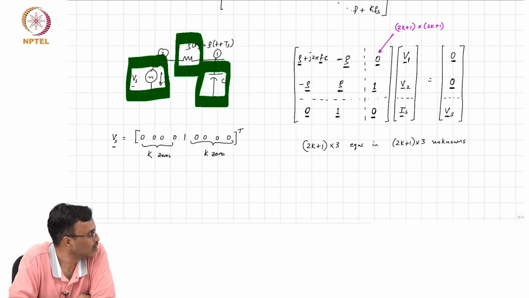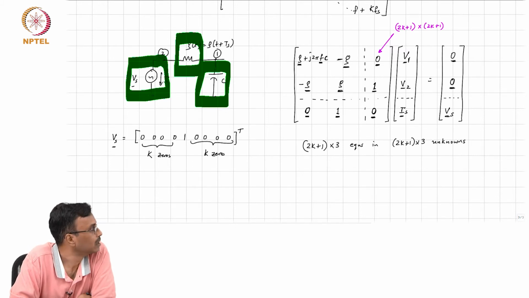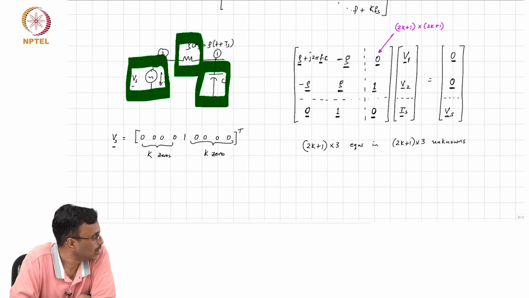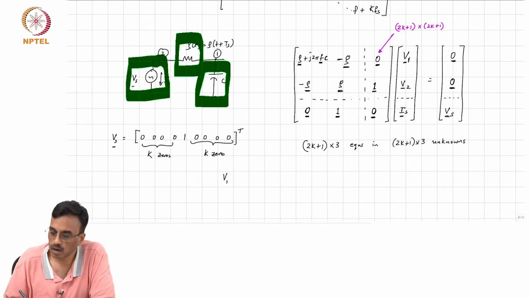So, therefore, you are in a position to find all possible harmonic transfer functions from the input source to the various branch currents and branch voltages. Does it make sense? Right? So, let us say you get some V1 vector, right?